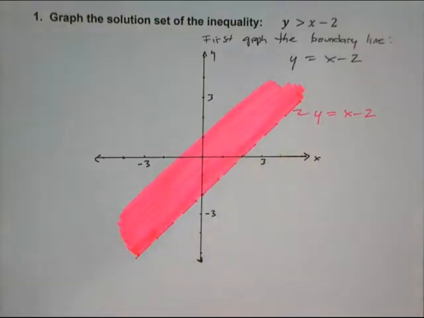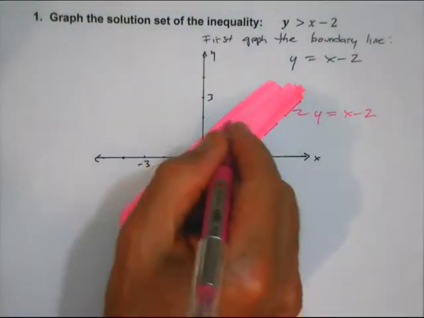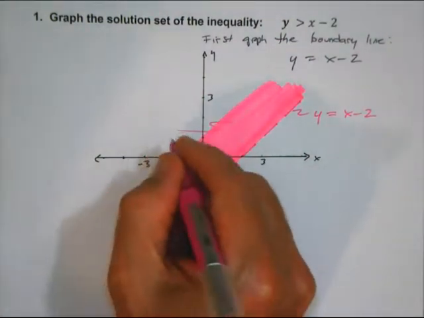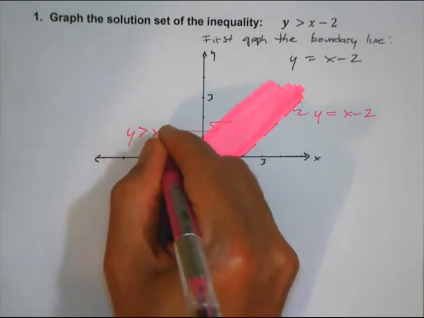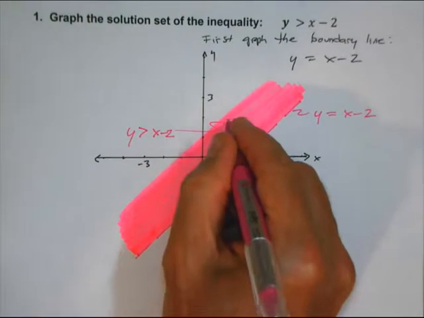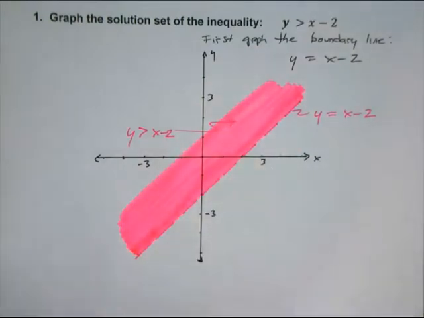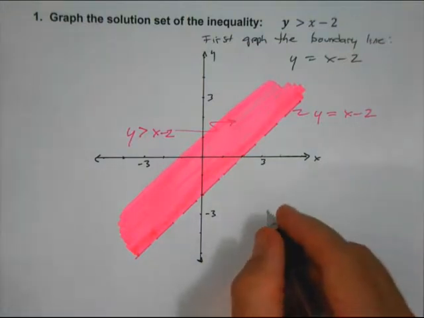Okay, now we label the region with its inequality. This is y greater than x minus 2. Okay, now it's possible we have made a mistake in doing this. So let's check this.